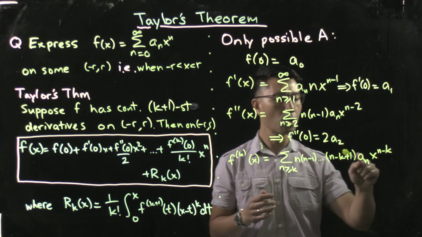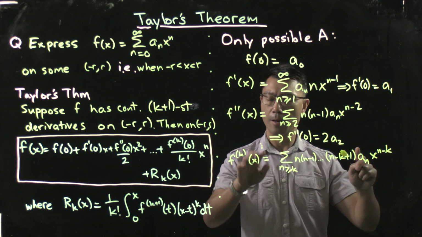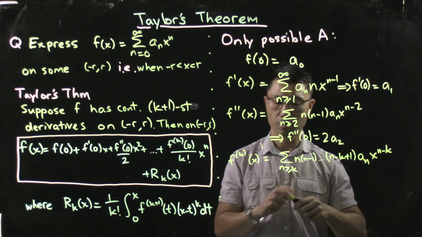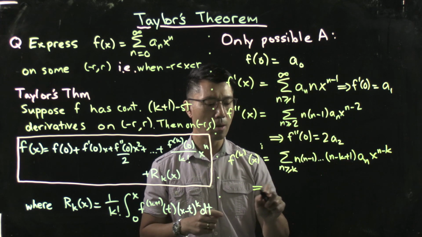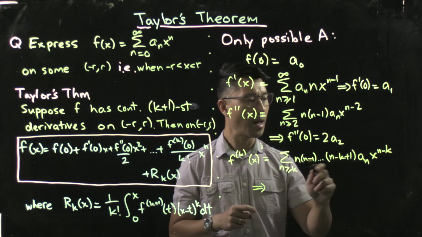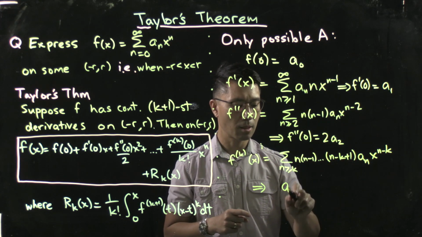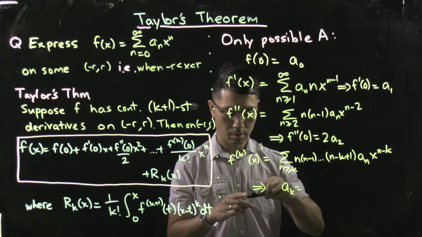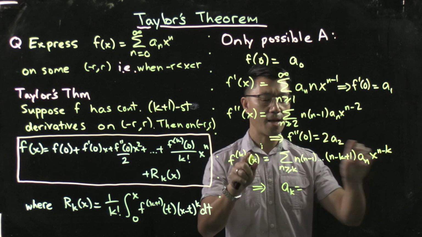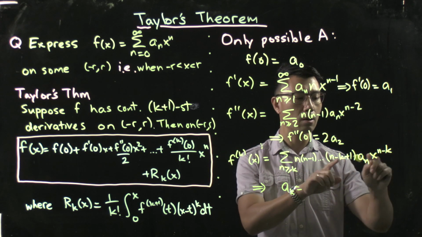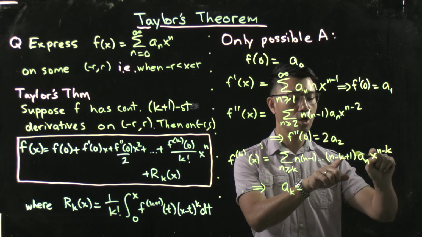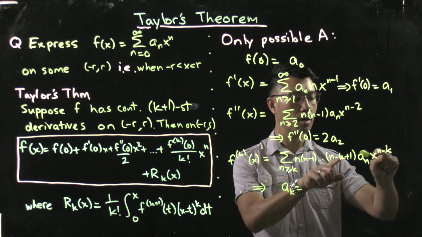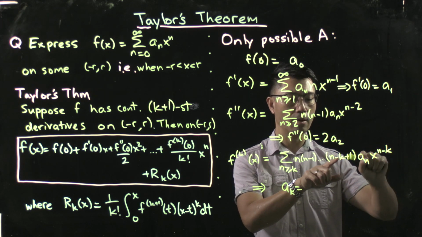And then you can also look for the case where x equals 0. So what does this tell you about a k in this case? So when you put x equals 0, you look at the term where n equals k.